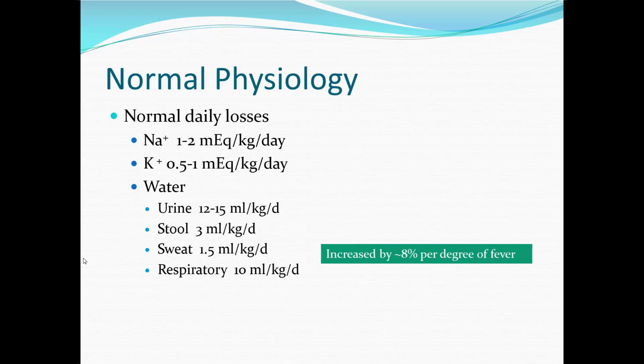The water losses can be variable, but generally in the range as you see there, around 12 to 15 milliliters per kilogram per day from the urine, 3 per kilo per day in the stool, 1.5 per kilo per day of sweat, and then about 10 milliliters per kilo per day from the respiratory exhalations. Now, if the patient has a fever, that sweat and respiratory losses can increase by about 8% per degree of fever or more.